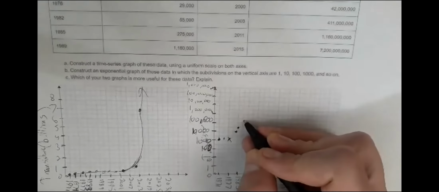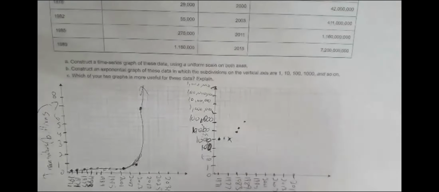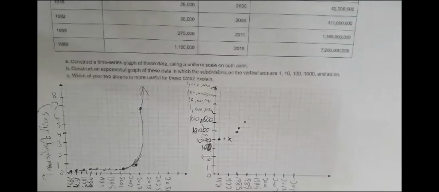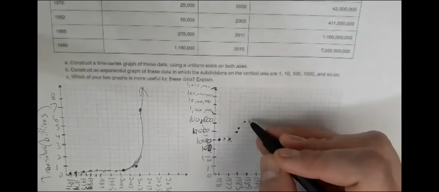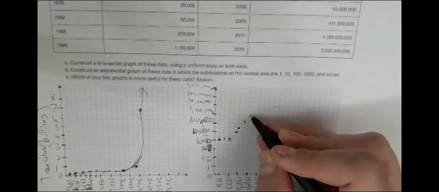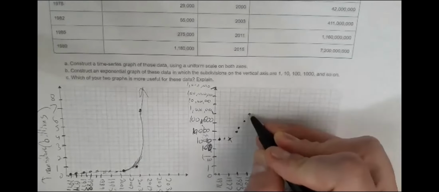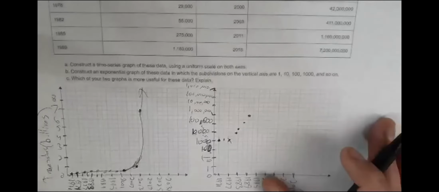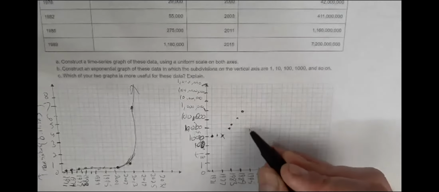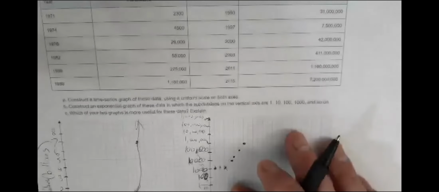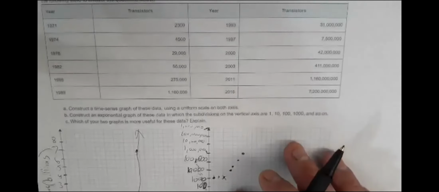I'm going to kind of guesstimate maybe somewhere in there. 89 is right here. I want to come up. 89 is going to give me 1 million right there. The next one is 93. 93 is like right in here. I wanted to go to 30.